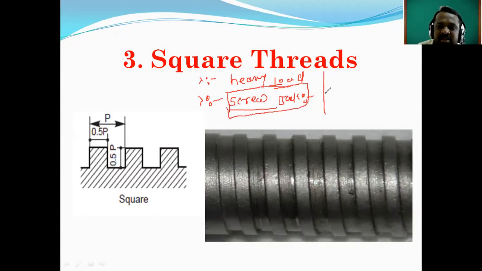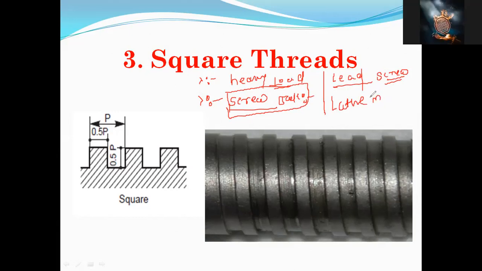Another application of the square thread is the lead screw. Do you know where the lead screw is used? Have you seen the lathe machine? In that lathe machine, there is one component called the lead screw.